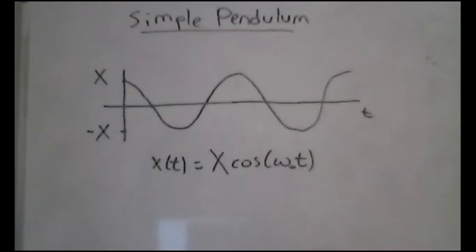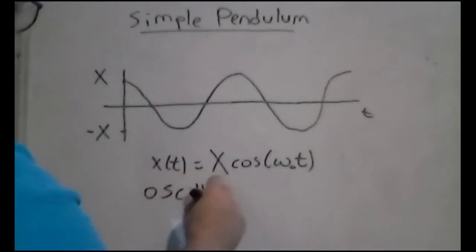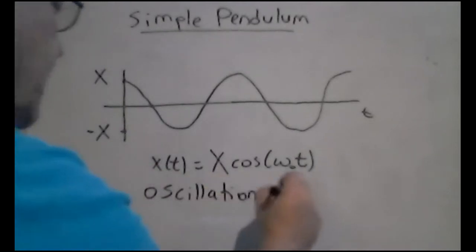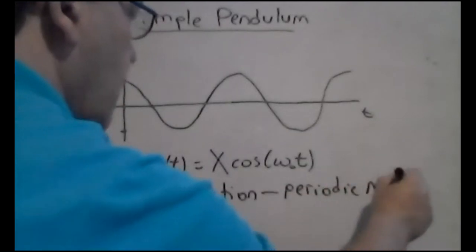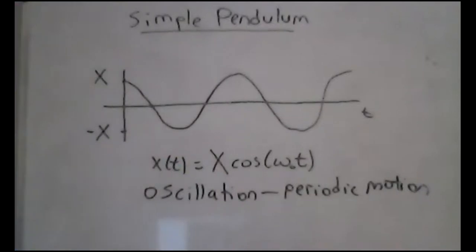That's what that looks like. It looks like a wave, but it's not a wave. It's an oscillation. It is periodic motion, which means it repeats itself. But again, it is not a wave. We have very similar language: frequency, period, things like that.